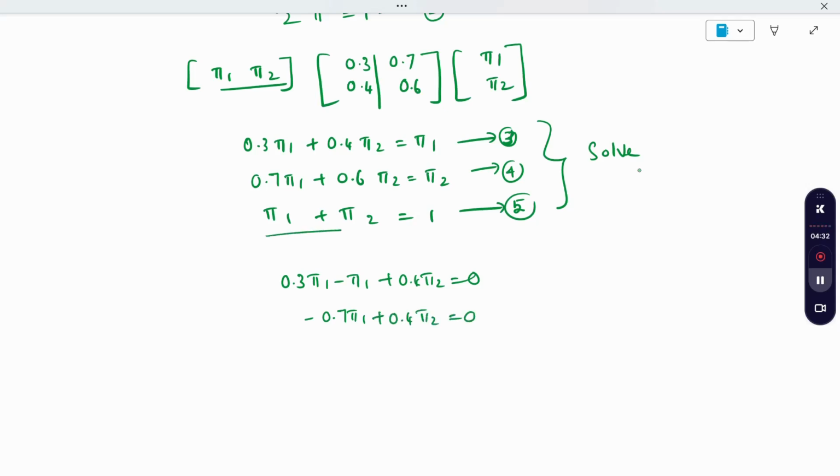Now bring the equation pi 1 plus pi 2 equals 1, and correspondingly multiply it by 0.4. When I multiply, it will get cancelled, so it is 0.4 pi 1 plus 0.4 pi 2 equals 0.4.